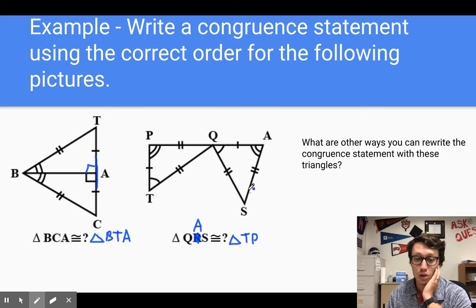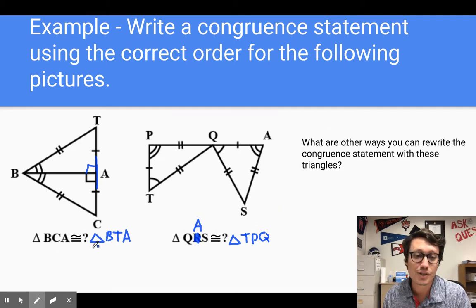There's no congruency lines. Which angle has no congruency lines over here? Q doesn't, right? So even though Q was listed first in this triangle, Q ends up being listed last in this triangle, because angle Q right here doesn't have any congruency lines, and that matches with angle S in this triangle that doesn't have any congruency lines.